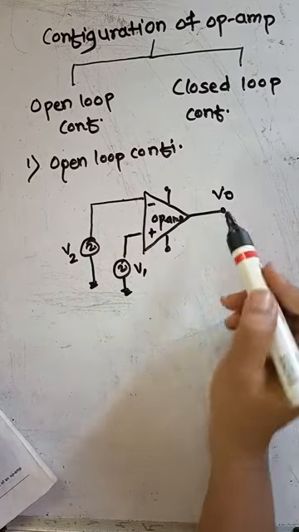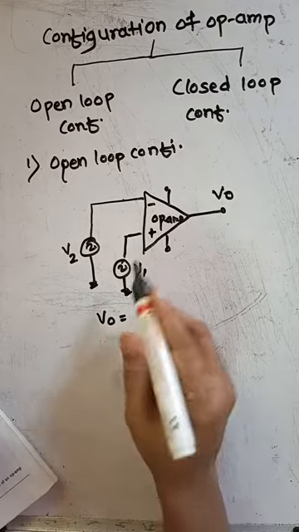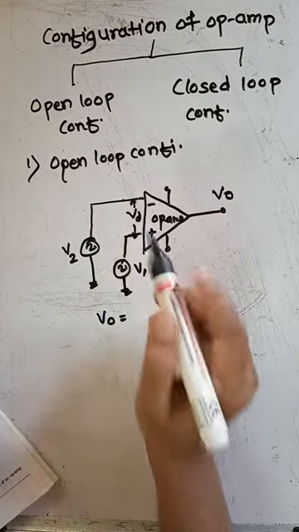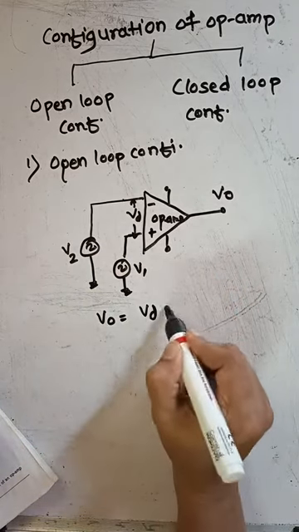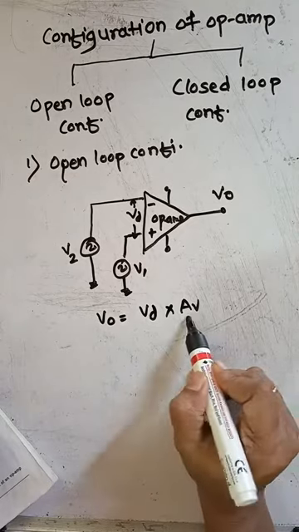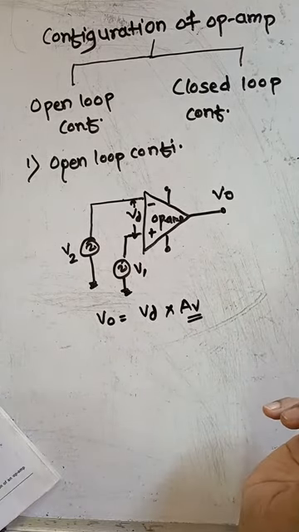So here at the output side we get only the difference between these, because we know that it is a differential amplifier. So VD into the gain, which is the open loop gain of the amplifier.